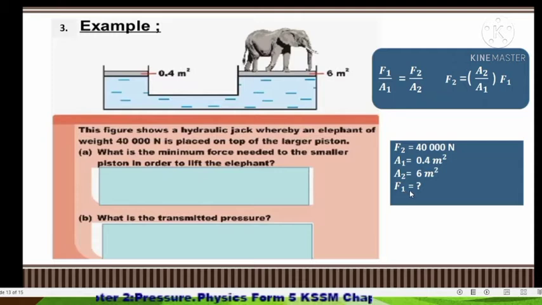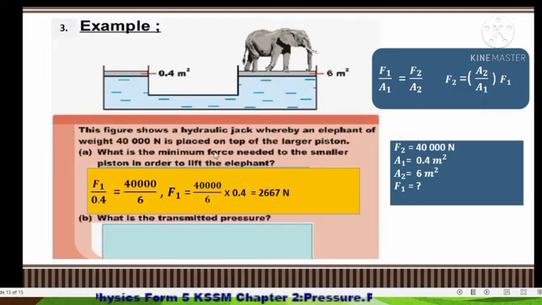The minimum force needed to lift the elephant is on the smaller piston, meaning the input piston or input force, F1. We want to find F1 for the first piston. The output force is already given, 40,000 Newton.